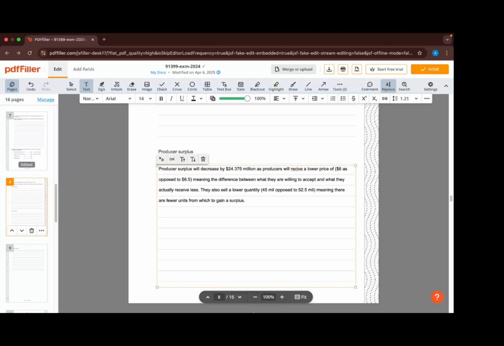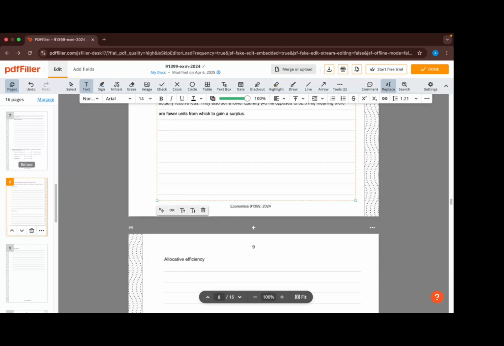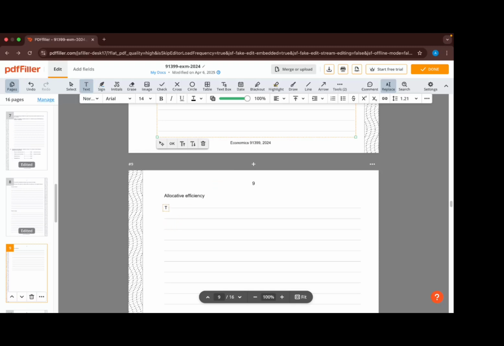Again, guys, it's formulaic. We talk about quantity, we talk about price, and again, eventually you guys will just get it so ingrained that we just do it right every time.